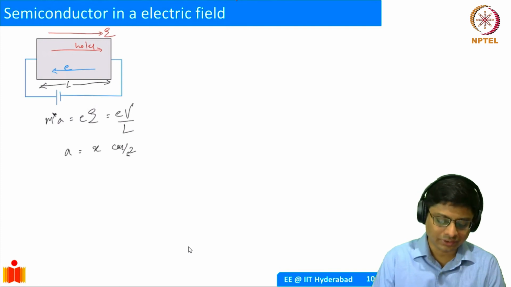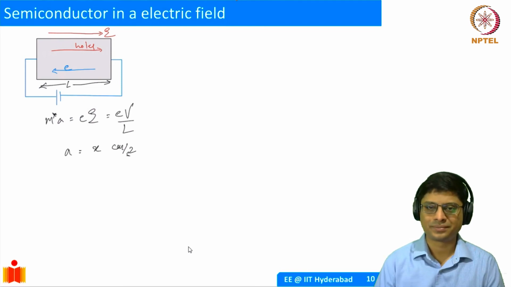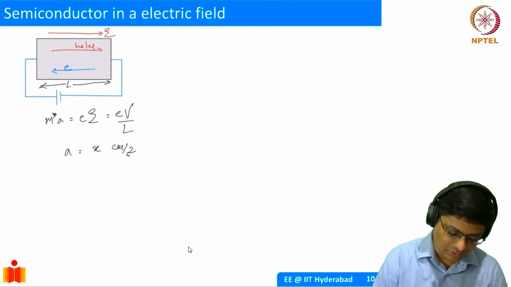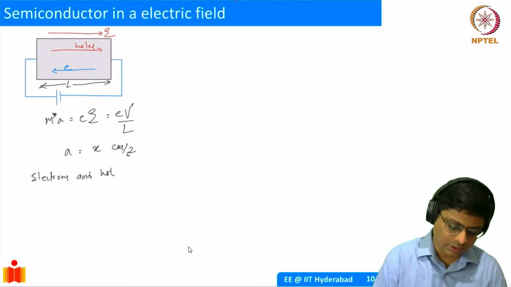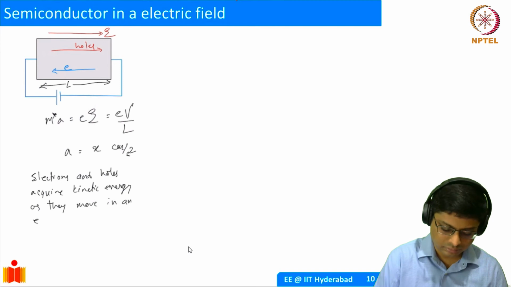So what it means is, as the electrons move in the semiconductor, they're going to acquire some kinetic energy. So let's summarize that electrons and holes acquire kinetic energy as they move in an external field, right?